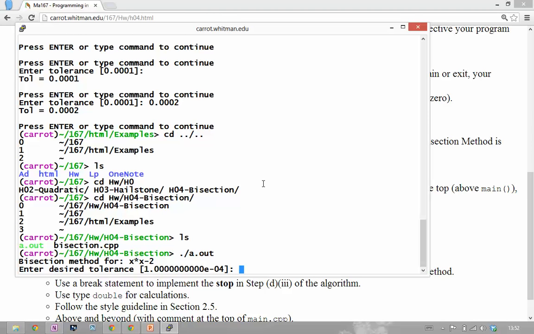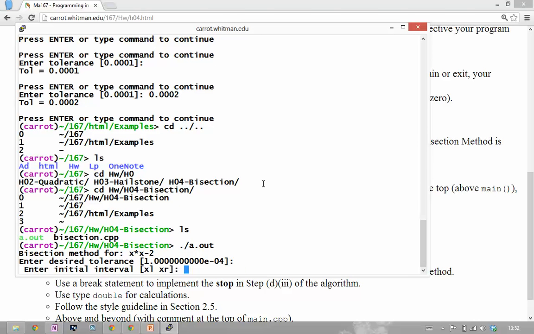Enter the desired tolerance. So what in the code is holding this program up right now? The peek. It has nothing to peek at yet, so it's just waiting for you to give it something to peek at. If I hit enter, then it's satisfied and it leaves the tolerance the way it should be.